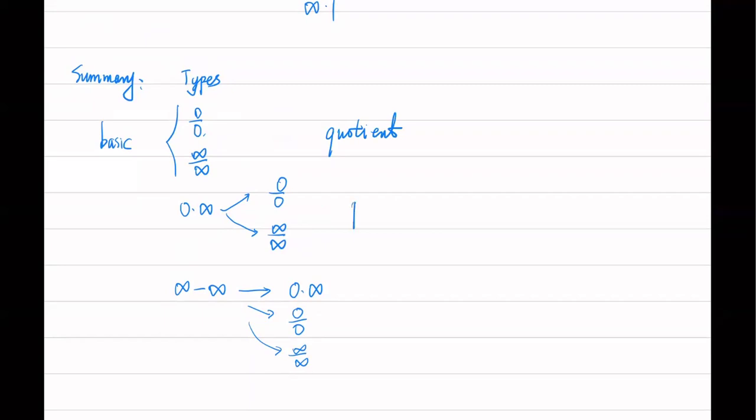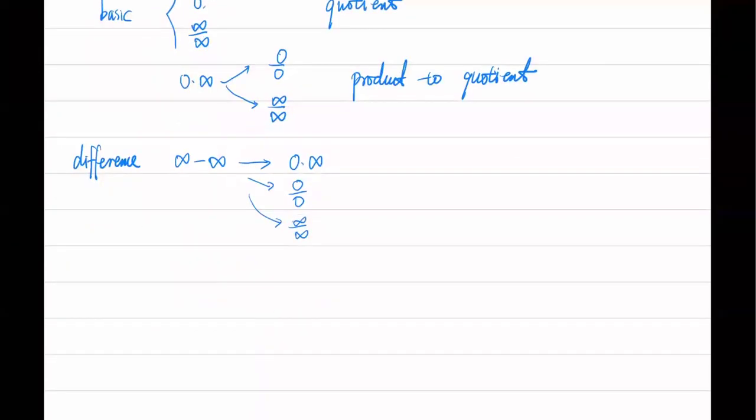This is product, and difference. And then we have this power. For power, we have 0 to the 0. There are other types: 1 to the infinity, infinity to the 0, 0 to the 0.